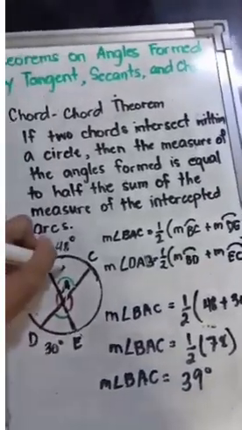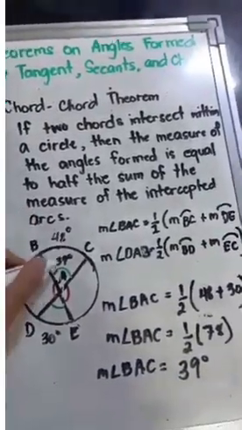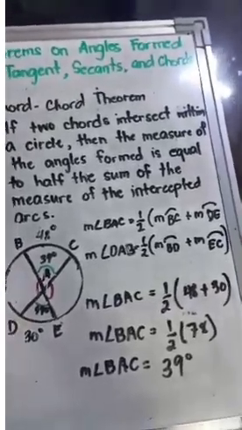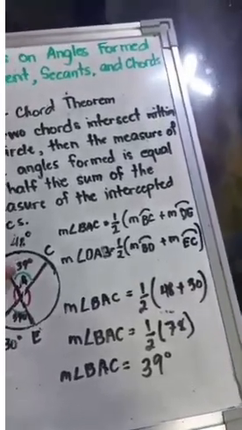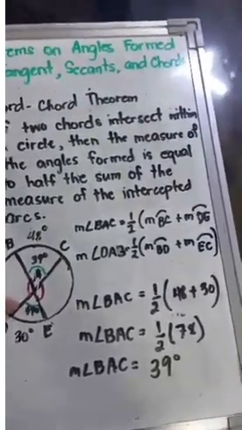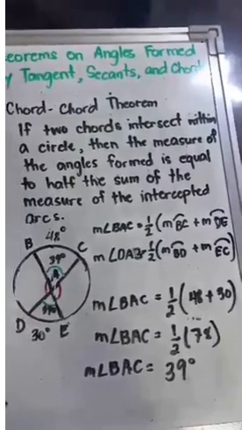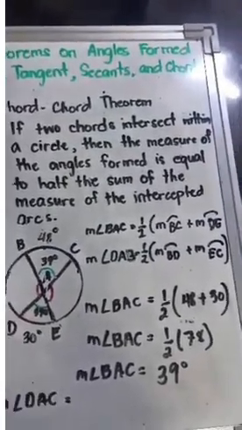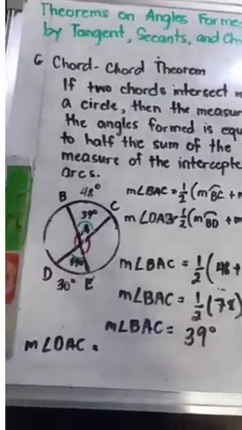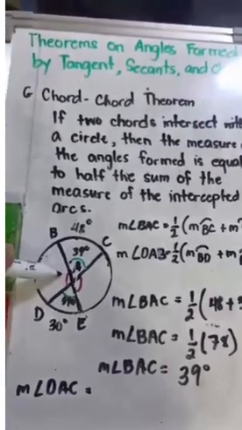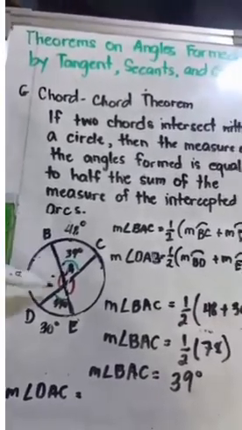Now, if this is 39 degrees, then its vertical angle is also 39 degrees. Now, to get angle DAB, we can use the linear pair. When we say linear pair, this angle and this angle are supplementary.